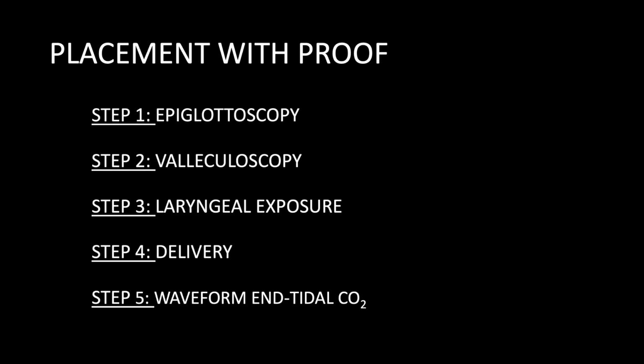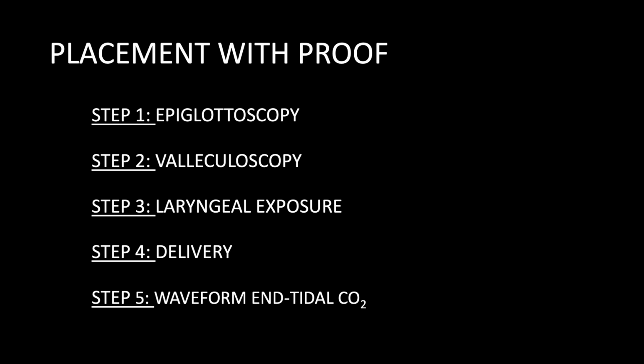Next up, we'll talk about placement with proof, and this is passing your endotracheal tube through the cords and ensuring that it's in the right position. With regards to placement with proof, we think of direct laryngoscopy as a very gentle, stepwise approach from inserting the laryngoscope into the patient's mouth to firstly trying to find the epiglottis as your first major anatomical target of the airway.